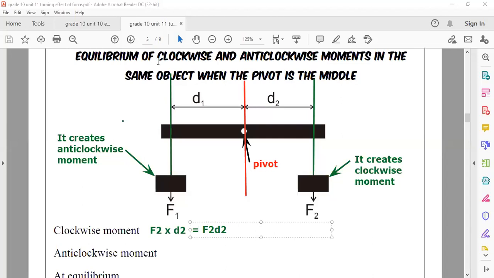Understood? Yes, sir. Tell me, how can I write the anti-clockwise moment? F1 into D1. That can be written shortly as F1 D1.